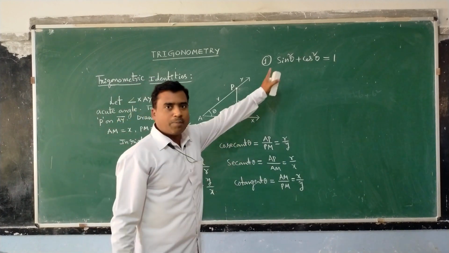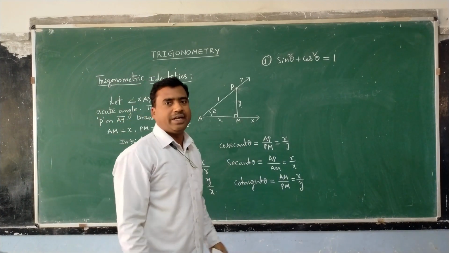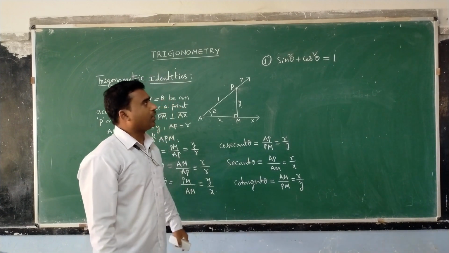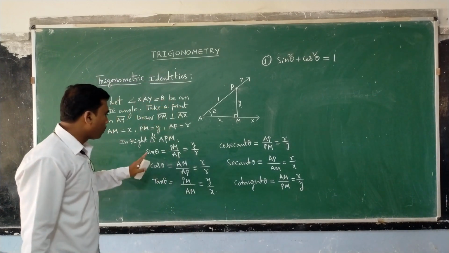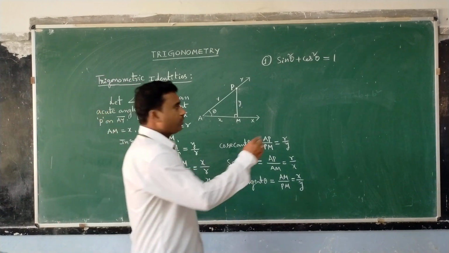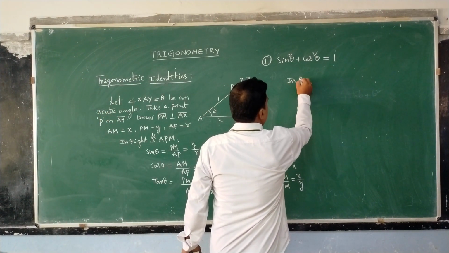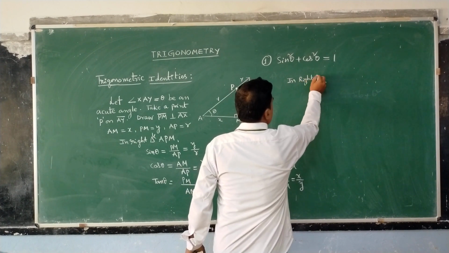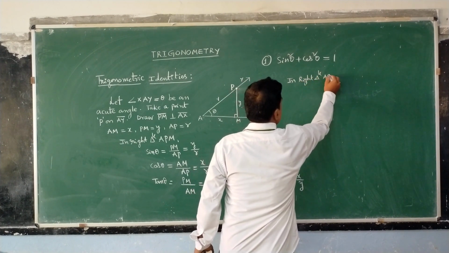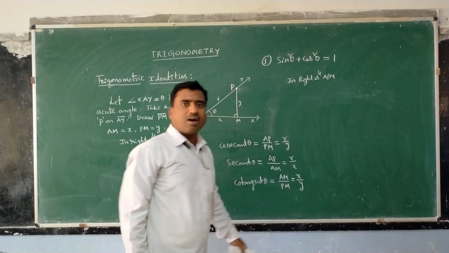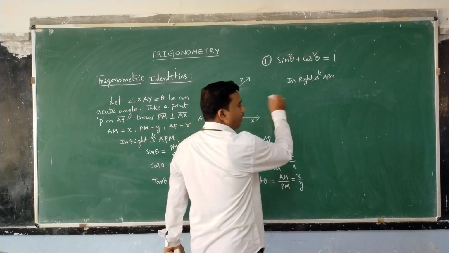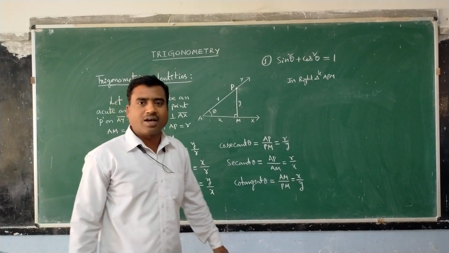Now children, coming to the proof of the first identity, sin²θ + cos²θ = 1. In the right triangle APM, by Pythagoras theorem, what is the Pythagoras theorem?